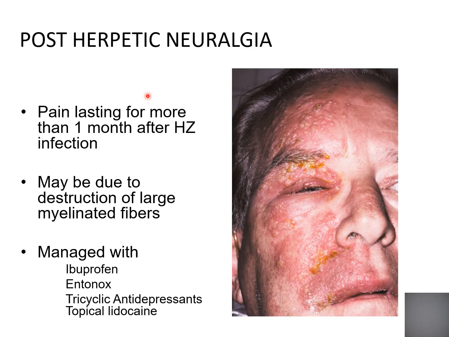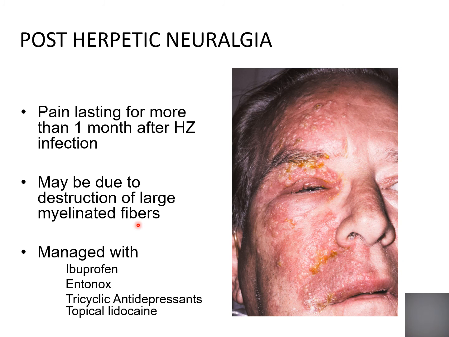One of the recognized types of secondary neuralgias in the head and neck region is the post-herpetic neuralgia, which follows herpes zoster infection or shingles, and pain lasting for more than a month after herpes zoster infection is labeled post-herpetic neuralgia. The neuralgia itself may be due to destruction of the large myelinated fibers of the trigeminal nerve by the herpes zoster virus.